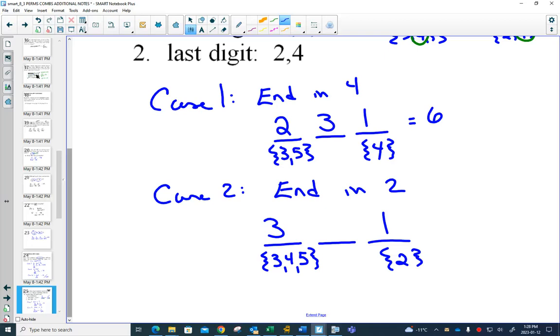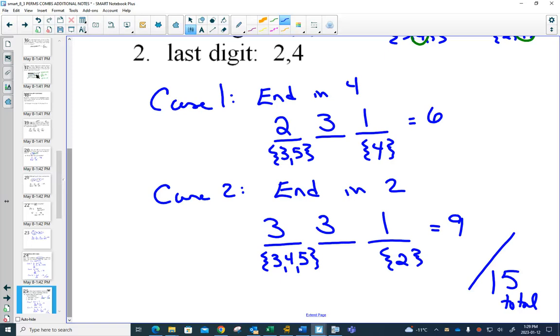And if I've used up 2 numbers, 3 choices left. That would give me 15 in total: 9 with case 2, 6 with case 1.